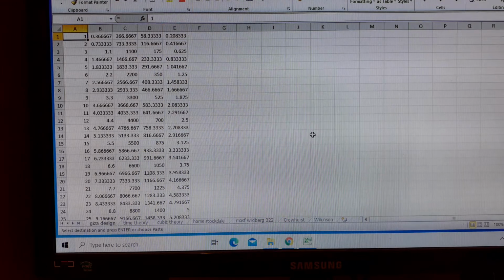This is the first calculation where we're using one barleycorn of 11/30 inches. Then we're multiplying it by 1,000 to get the Giza base of 366.666 inches, and the height is only 58 inches. So we can obviously go down to a half, a quarter, an eighth, and just carry on getting smaller and smaller as we get to the top of the pyramid.